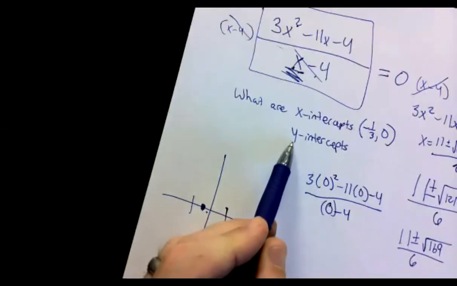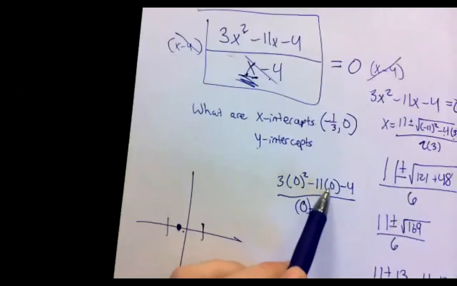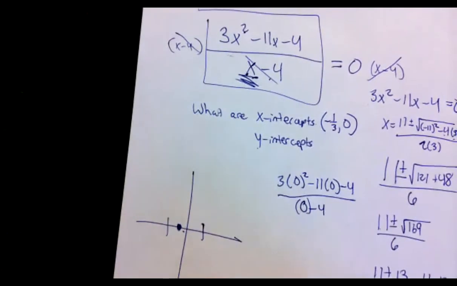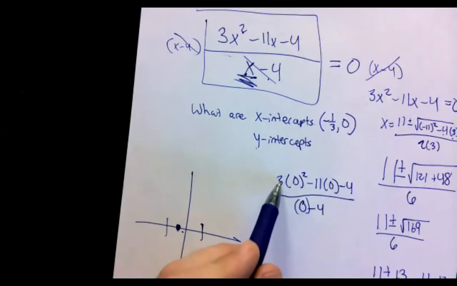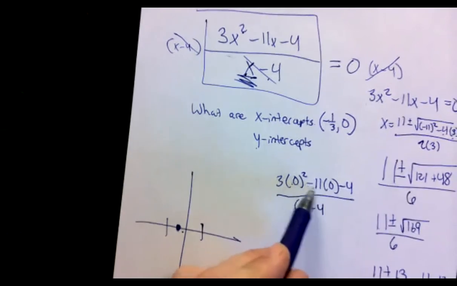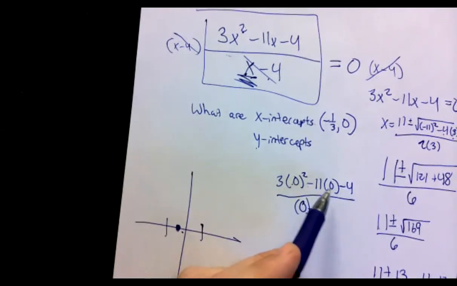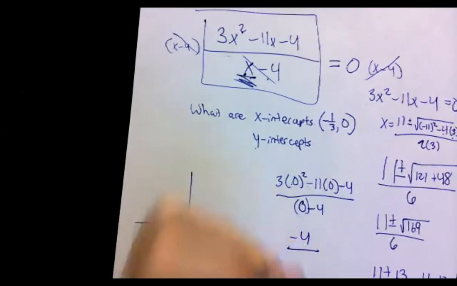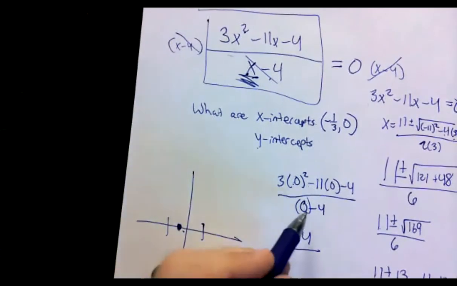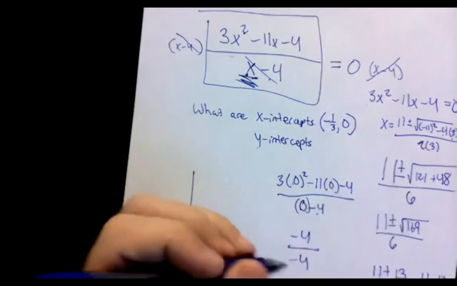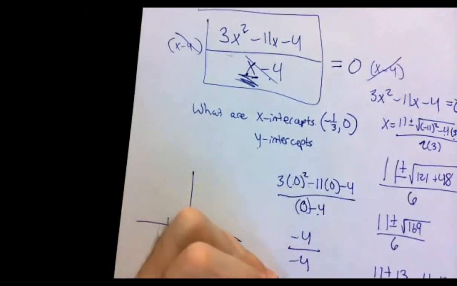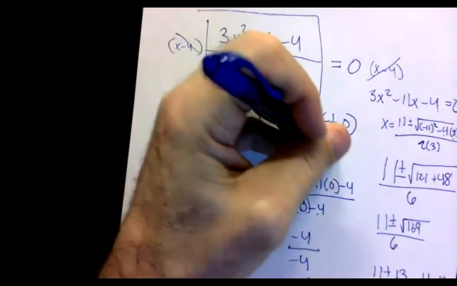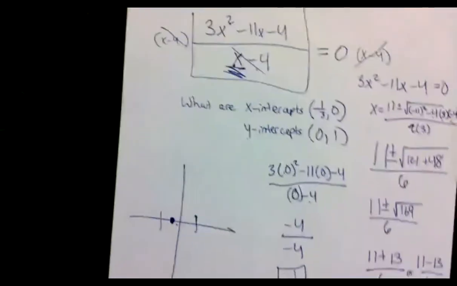To find the y-intercept, all I've got to do is plug 0 in for my x's. 3 times 0 squared is 0. Negative 11 times 0 is 0. 0 minus 4 is negative 4. The denominator, 0 minus 4, is also negative 4. Negative 4 over negative 4 is 1. So my y-intercept is going to be at the point 0, 1.